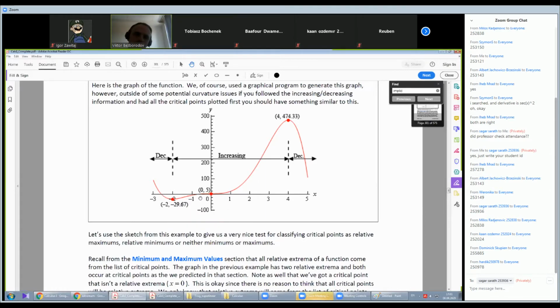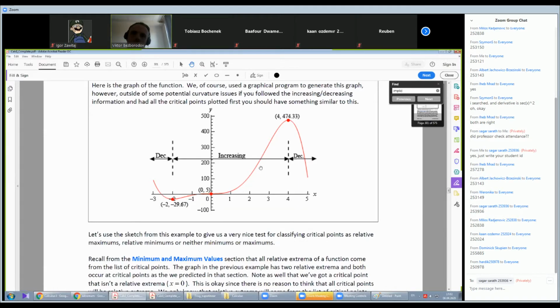So derivative is 0 means that the line looks horizontal, locally at least. That the curve, I should say, it's not the line, it's the curve, right? The plot function is the curve. So here it looks almost horizontal at this point.